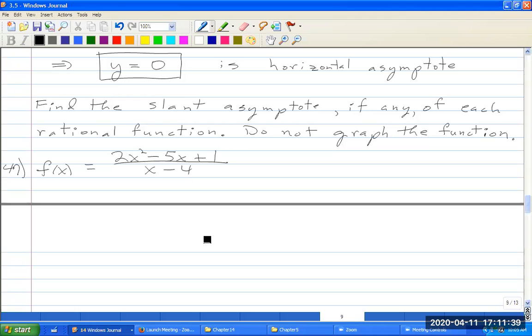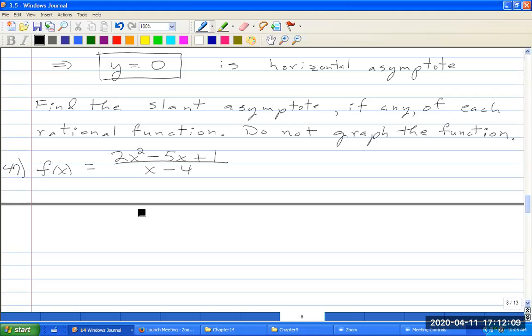Okay, so what you notice here is that this function does not have a horizontal asymptote because the degree of the numerator is bigger than the degree of the denominator. And so as x gets large, y approaches infinity. So it doesn't approach some finite value.